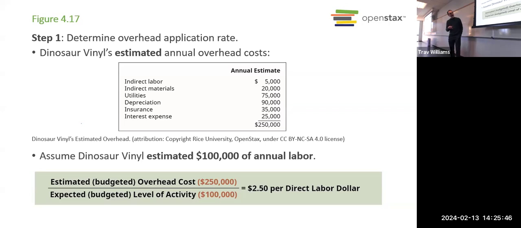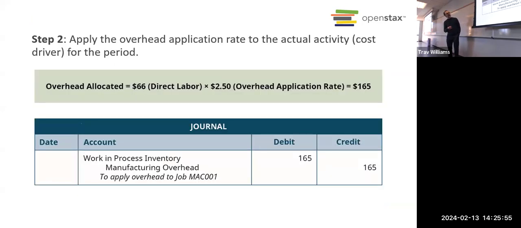So we take the estimated overhead divided by the estimated activity to get $2.50 per dollar of direct labor. Then we can apply it. When a job is done, we take the direct labor cost for that job, multiply it by our rate. In this case, we get $165 of overhead. And then what we're doing at that point is taking that $165 out of the manufacturing overhead account and moving it into work in process inventory for that particular job.